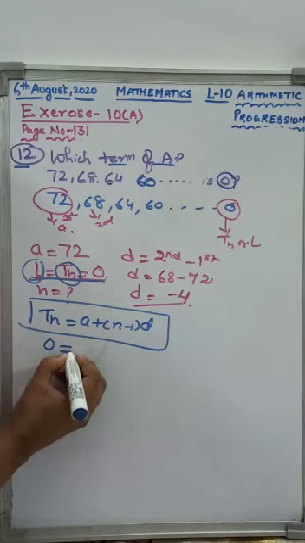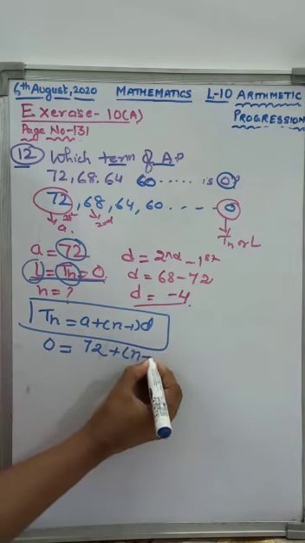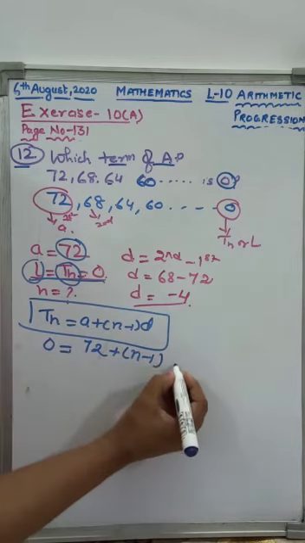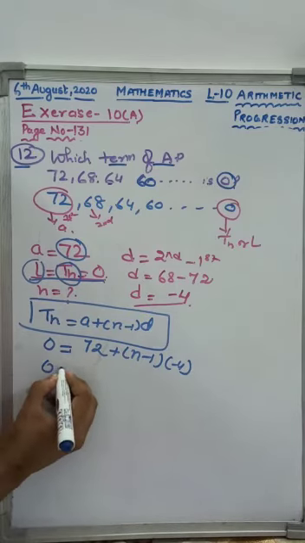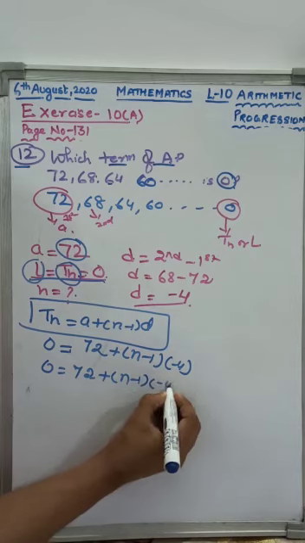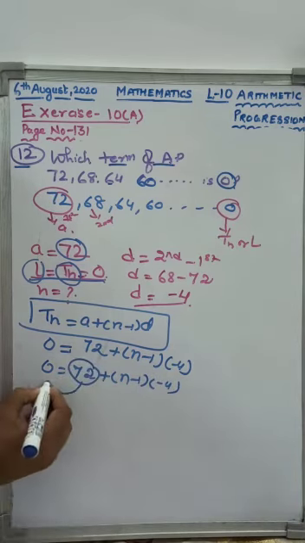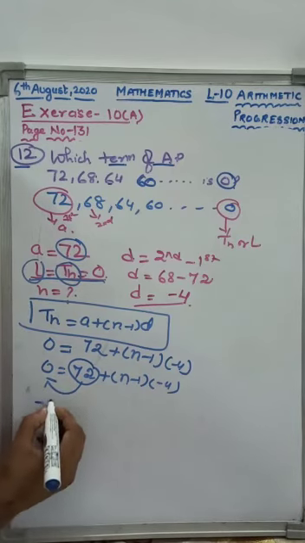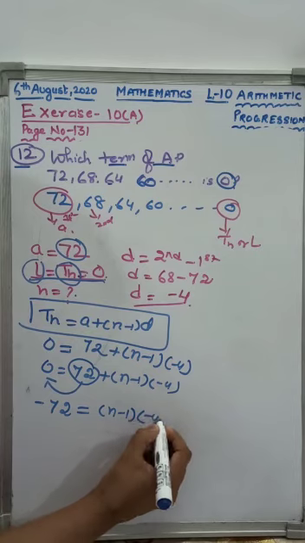So 0 is equal to first term 72 plus n minus 1, we have to find n over here, d is minus 4. So 0 is equal to 72 plus n minus 1 into minus 4. Children, please don't make a mistake over here. Take this 72 to the left hand side. So minus 72 is equal to n minus 1 multiplied by minus 4.